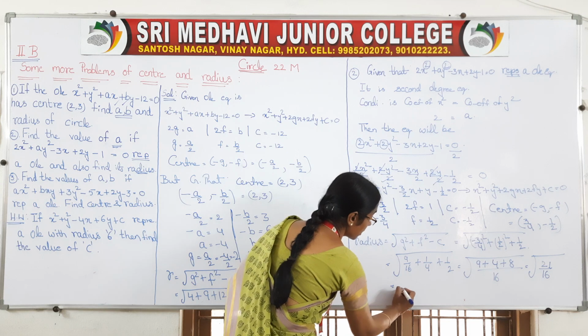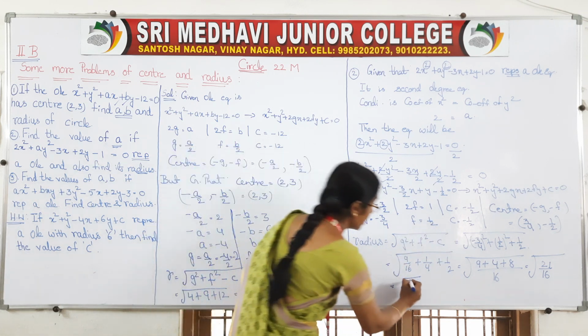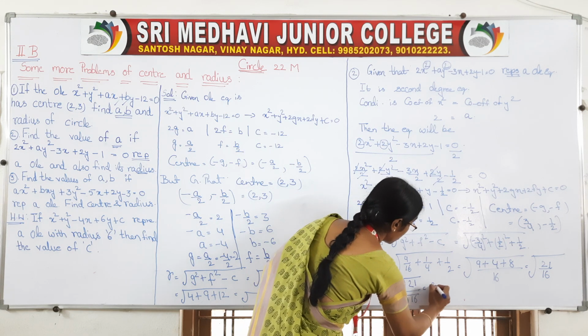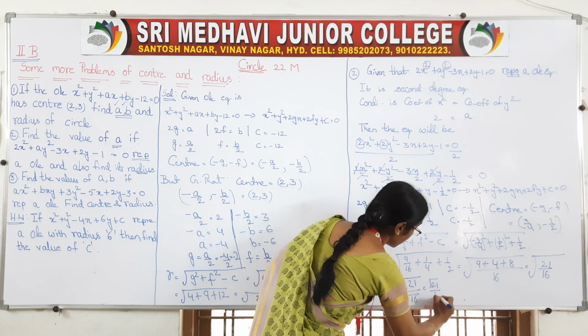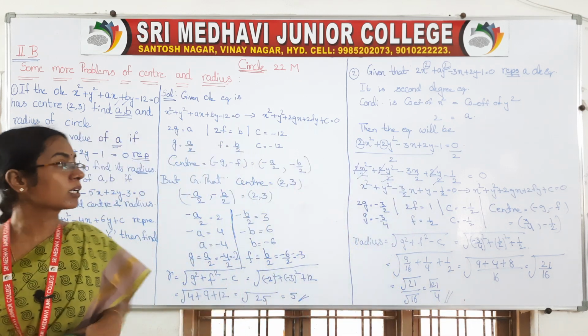Now take the square root of the numerator and denominator separately. So root 21 by root 16. Root 21 by 4 is the answer to your second question.